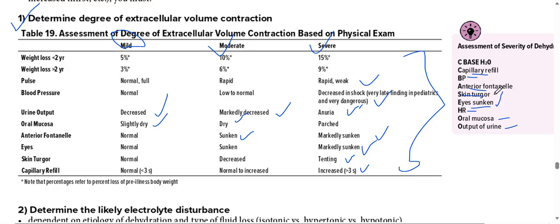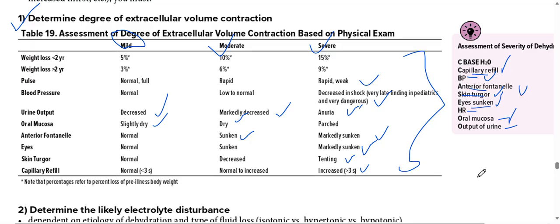The skin turgor is also extremely decreased, the blood pressure is quite low, and capillary refill time is 5 seconds, and there is very extremely dry oral mucosa and no urine output since morning.